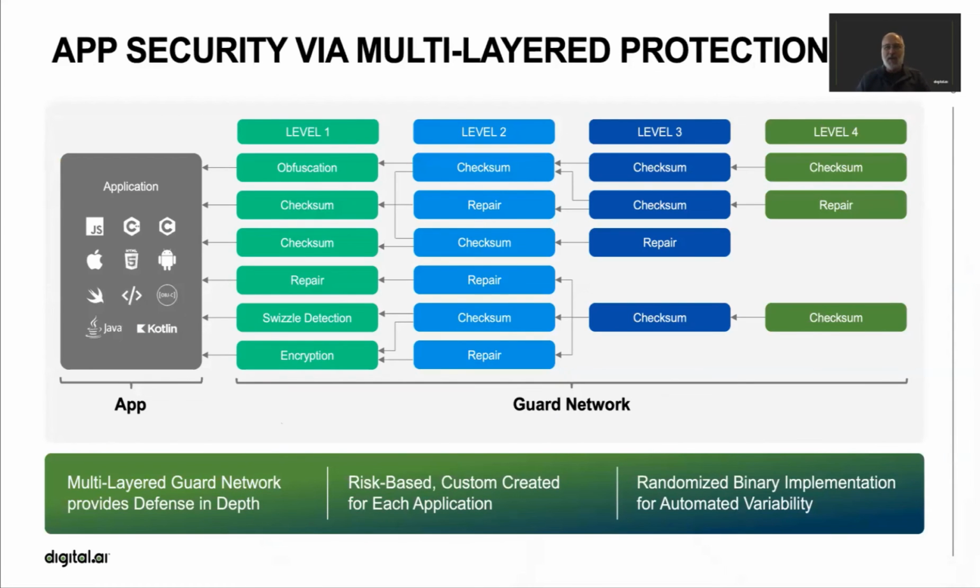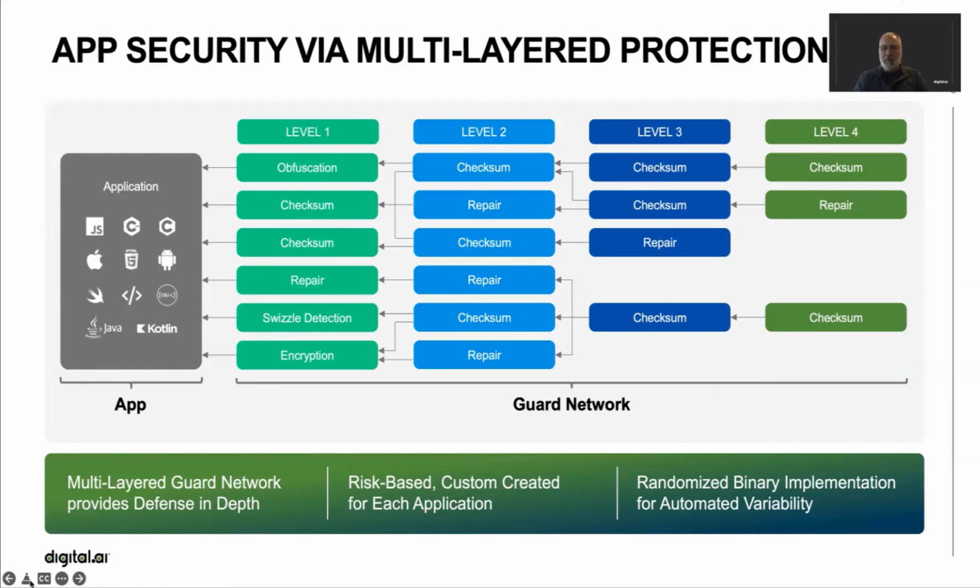And what you see here is one of the unique differentiators for Digital.ai application security, the guard network. The guard network greatly increases the protections you enjoy by providing defense in depth through what we call intersecting fields of fire, which can be thought of as a kind of buddy system. By buddy system, we mean that individual protections detect when another protection is being manipulated.